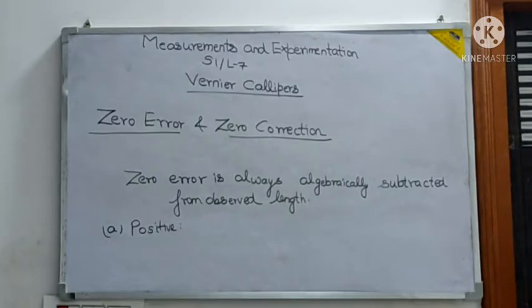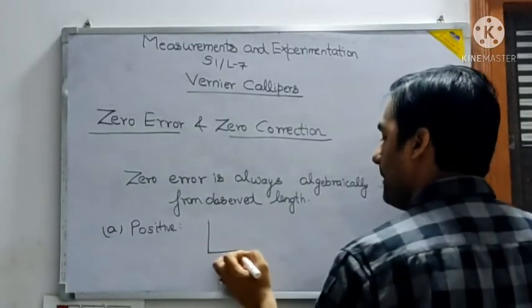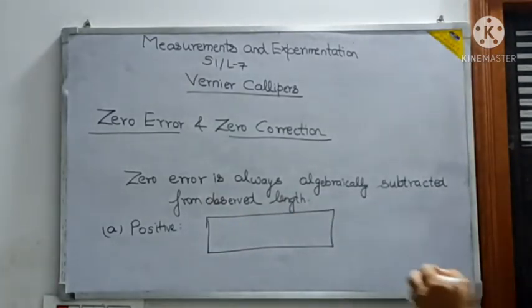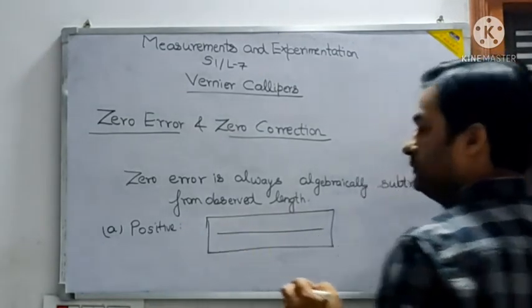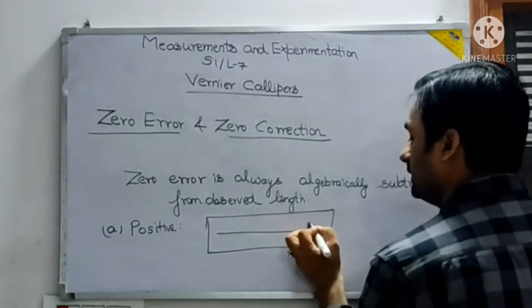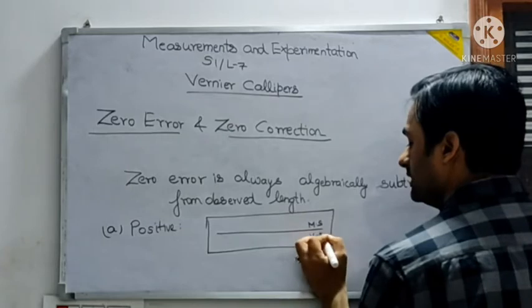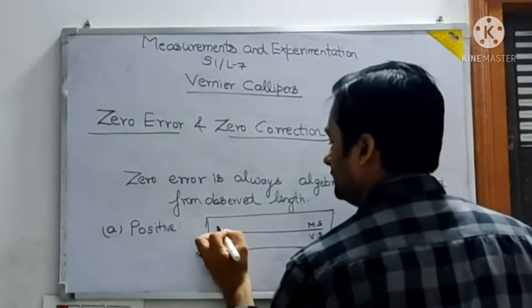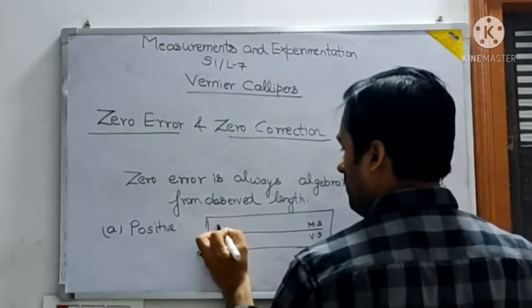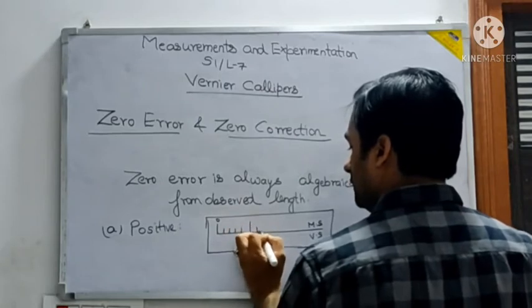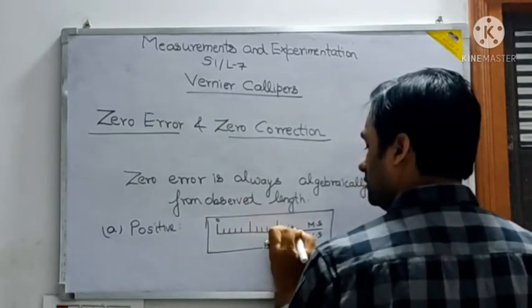Okay? So first I'll draw the setup here. The above one is the main scale, the below one is the vernier scale. Here is 0. One, two, three, four. 2, 3, 4, and 2, 3, 4.